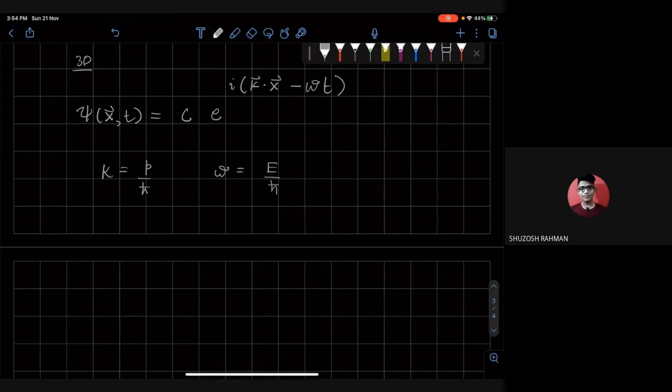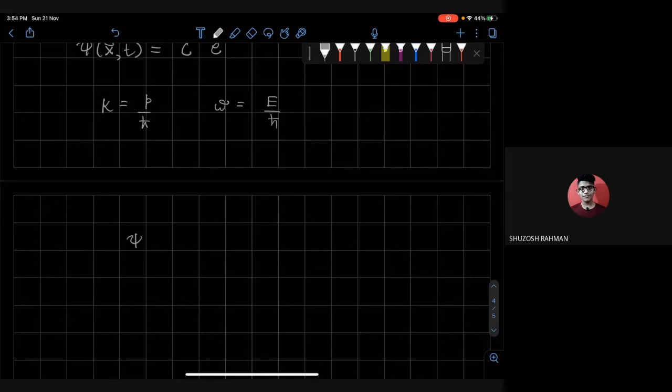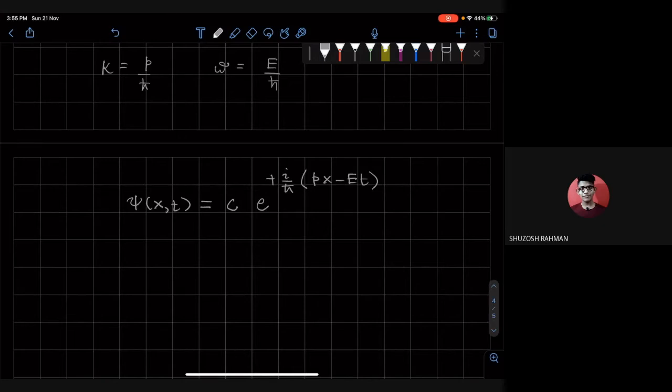So we can write the wave solution, the plane wave solution to the Schrodinger equation, as C e to the power, it's conventional, I think, to use a minus sign, so i over h bar, p x minus E t. Okay. So this is the same solution.